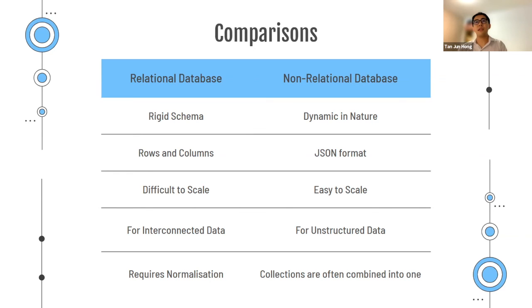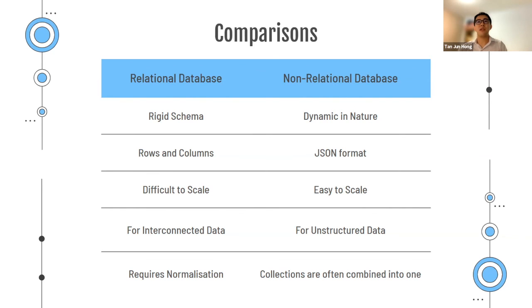Firstly, relational database has a rigid schema, which means that columns have to be defined before data can be added. On the other hand, non-relational database is more dynamic in nature, which means that new information can be added easily, and some data can have more fields than others. Next, relational databases store their data in rows and columns, while non-relational databases use a JSON format. Relational databases are also usually difficult to scale, while non-relational databases are easy to scale.